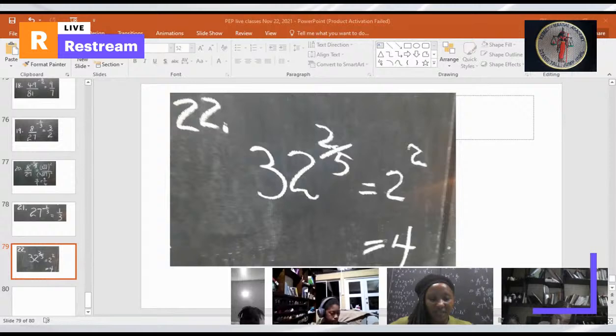So that means we're to find the 5th root of 32 and raise the answer to the 2nd power.